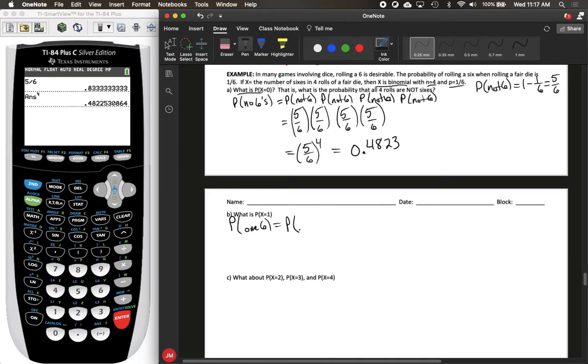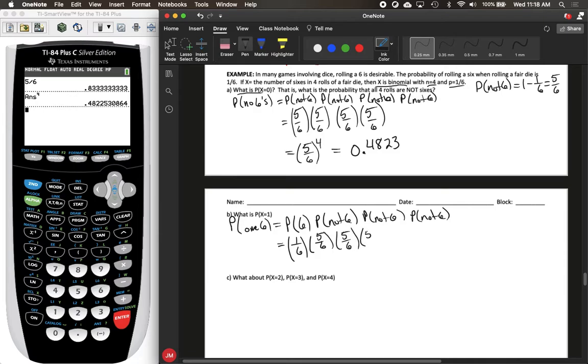That would be the probability, if we were to write this out, that you maybe rolled a 6 on the first one, but then didn't get a 6 on the second one, and then you would have to get not a 6 on the last 2 as well. And so in order to write those out, obviously the probability that you get a 6 is 1 out of 6, multiplied by the probability that you don't get a 6 is 5 out of 6, and again we'll use that for the other 2 as well.